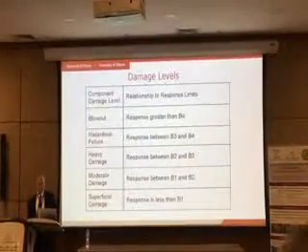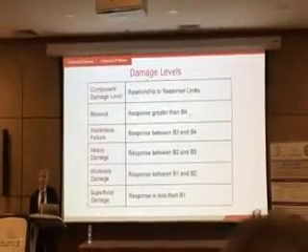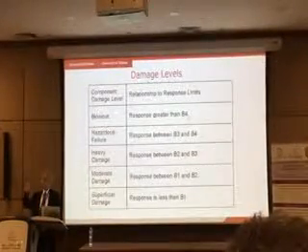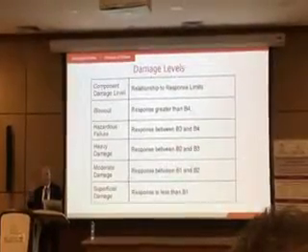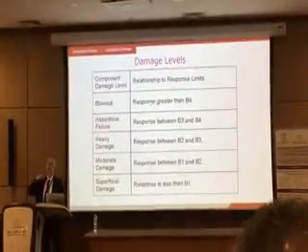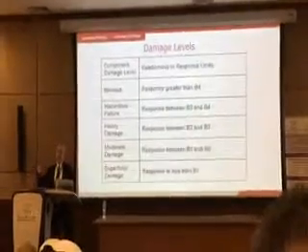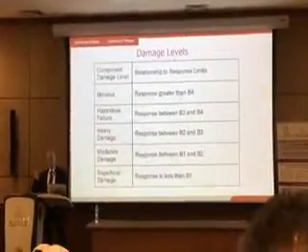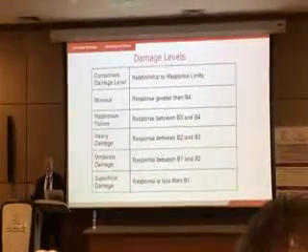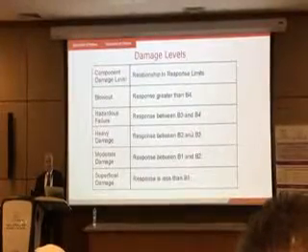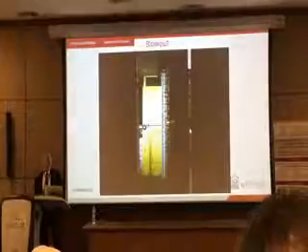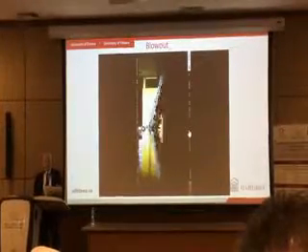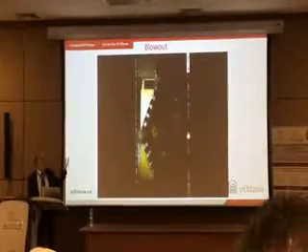So response quantity greater than B4, like support rotation in the case of a column greater than 2 degrees, means blowout. That means the column will fail. Okay? So if you don't want blowout, it has to be less than that. And hazardous failure, heavy damage, I'll talk about describing those levels.